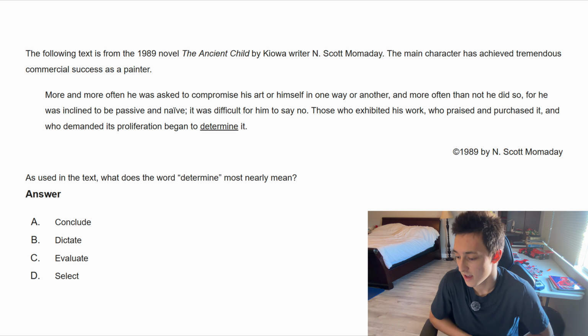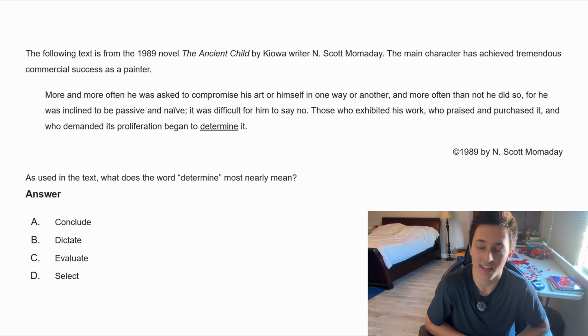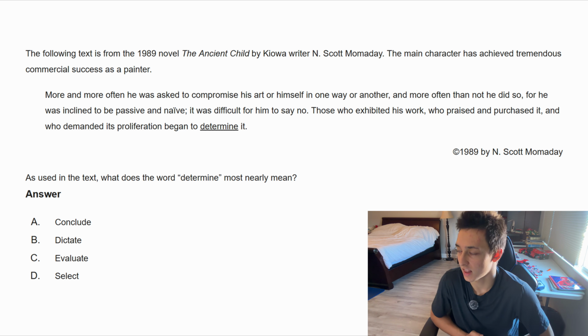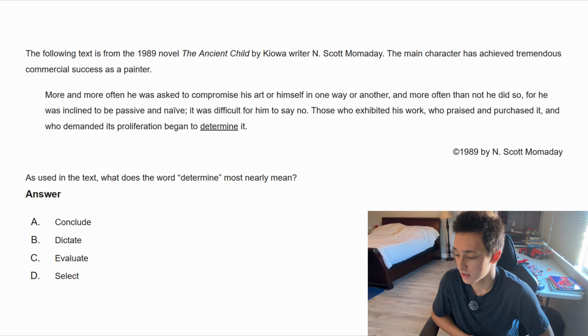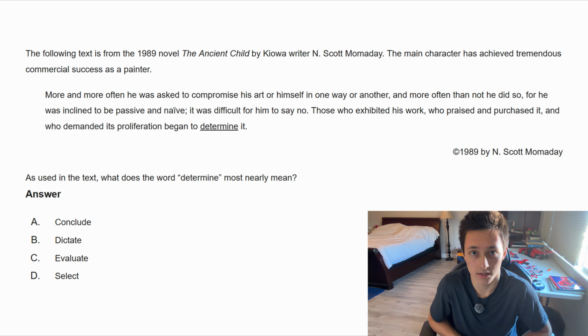Let's look at the rest. Evaluate, that's more of like an analysis thing. That's like saying they're gonna inspect it or analyze it. That's not really what we're trying to say here. Select, I'm not gonna lie, select is a really attractive answer choice. The reason that you have to be careful with select is because it's not as extreme as the passage is making it seem.